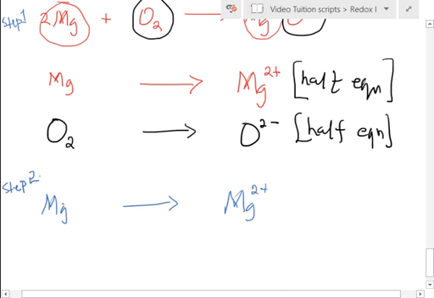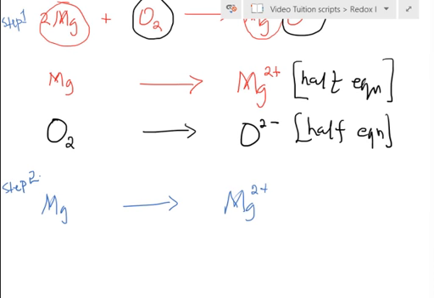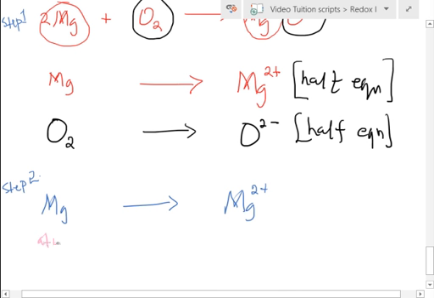So for magnesium to become Mg2+, for Mg atom, this is magnesium atom, to become magnesium ion, something more has happened. So what happened? Magnesium atom to become magnesium ion, it means magnesium has lost 2 electrons. Remember, magnesium is in group 2 and the electronic configuration is 2,8,2.